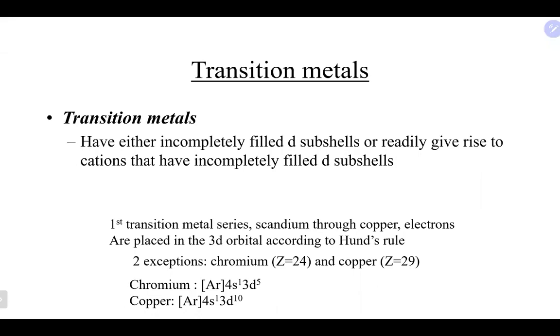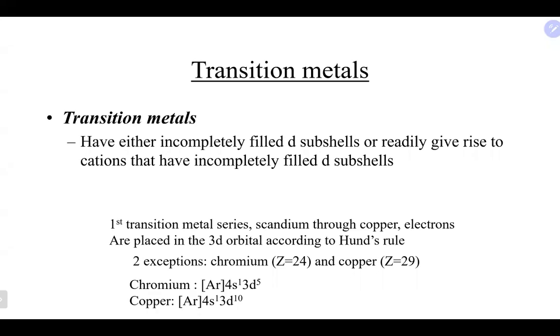If you follow the zigzag method, you may get the incorrect electron configuration. But for our class, we're just going to worry about two notable exceptions, which happen in the first row transition metals: copper and chromium. Chromium being 24 and copper being 29.